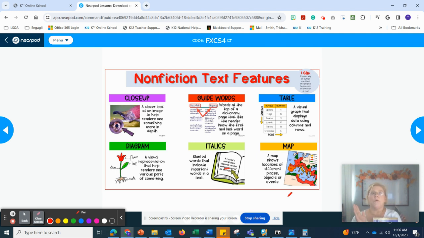And when it's an important word, like the author wants us to look at it or notice it, the author will either put the word in bold, underline it, or italicize it, which would lean it over. A map shows location of different places, objects, or events.